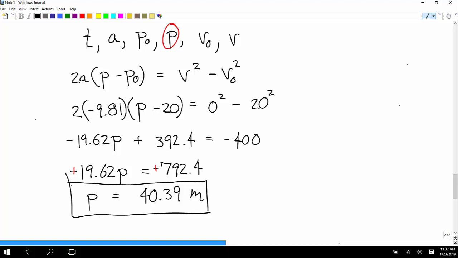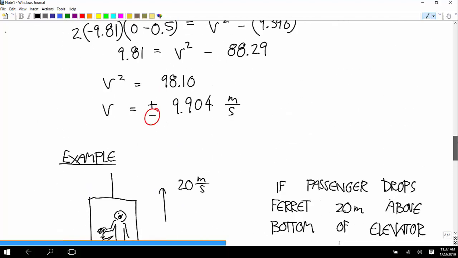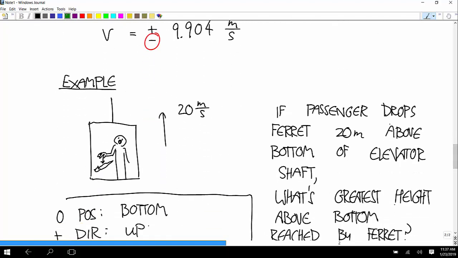Okay, so how far above the floor of the elevator is the ferret dropped from? 0.75 meters. That's like exactly the most common ferret dropping height.